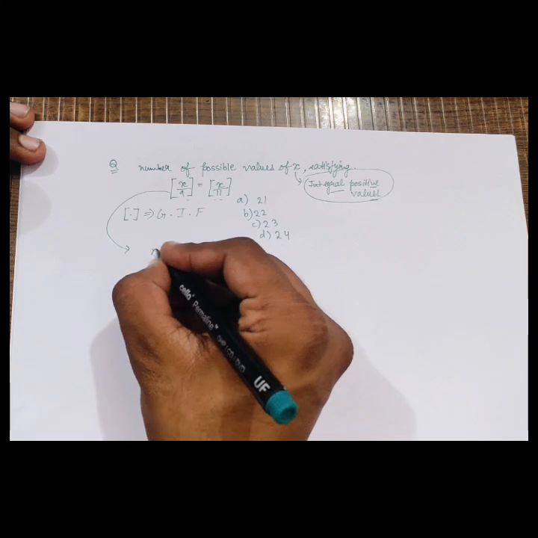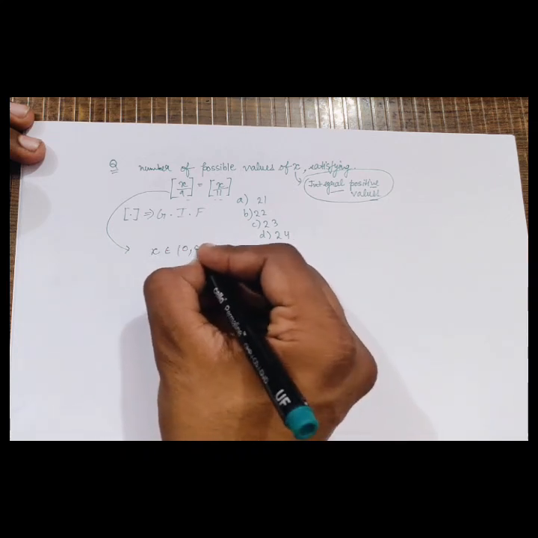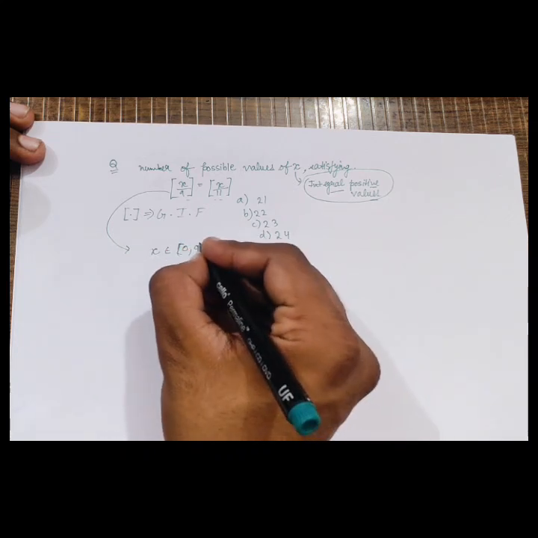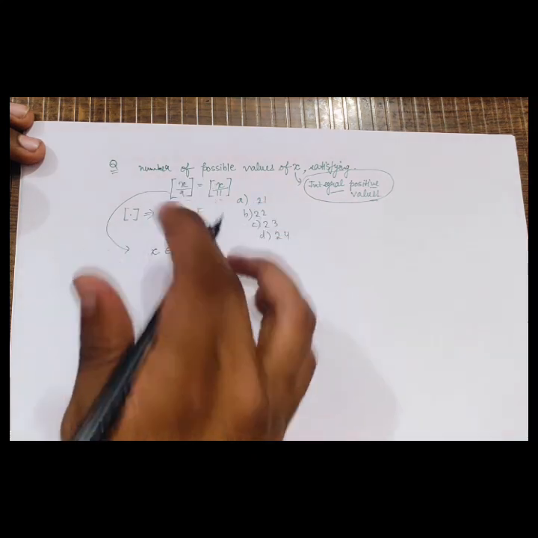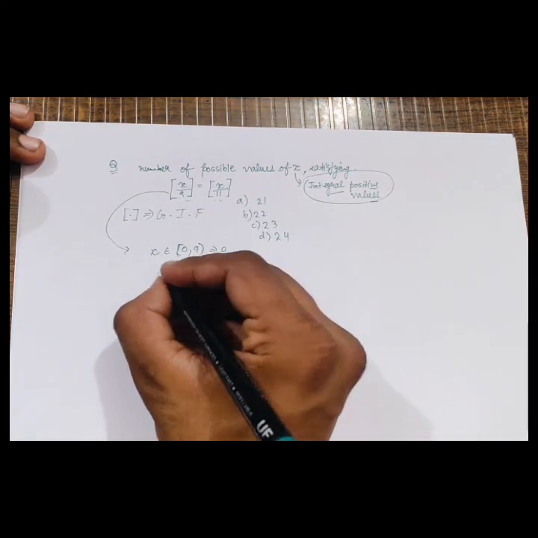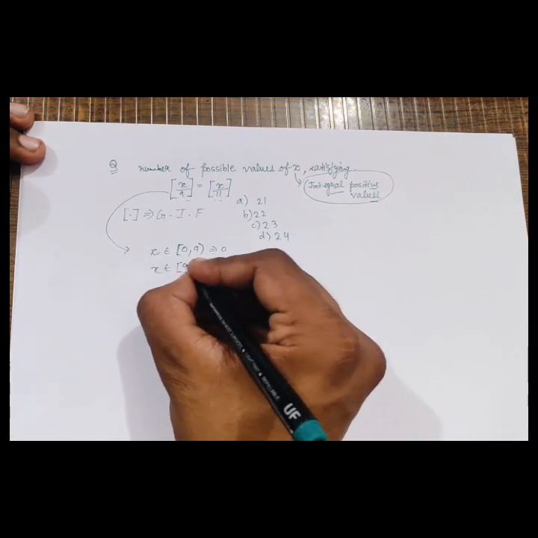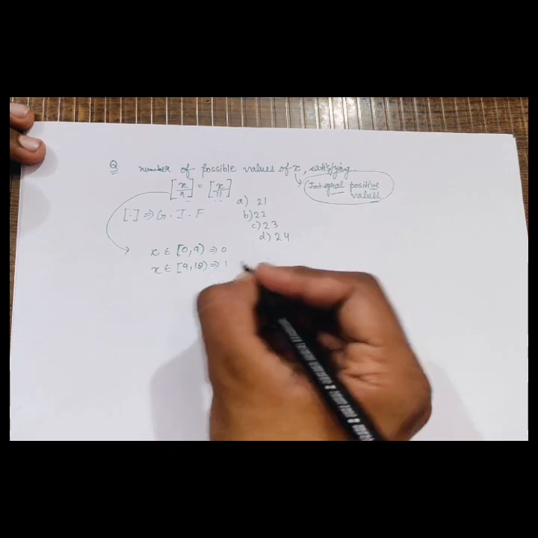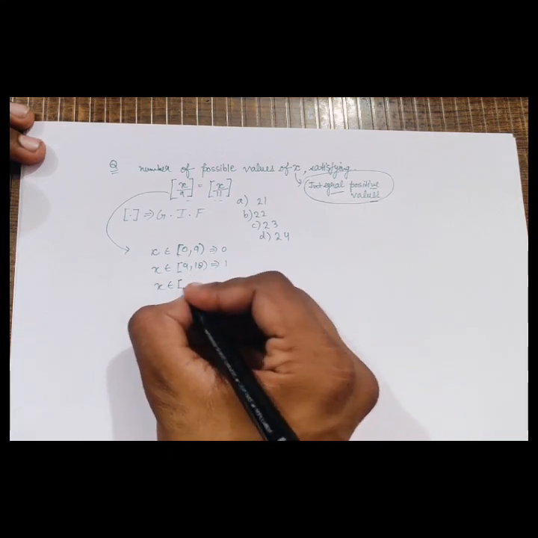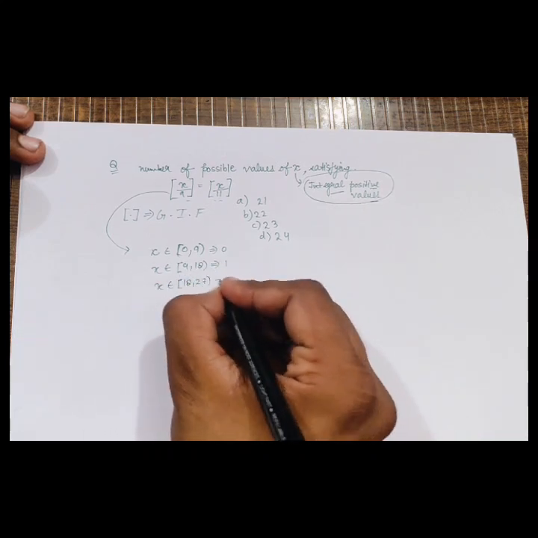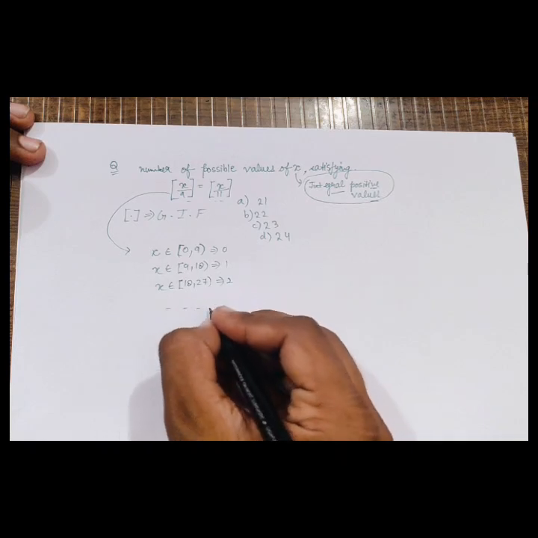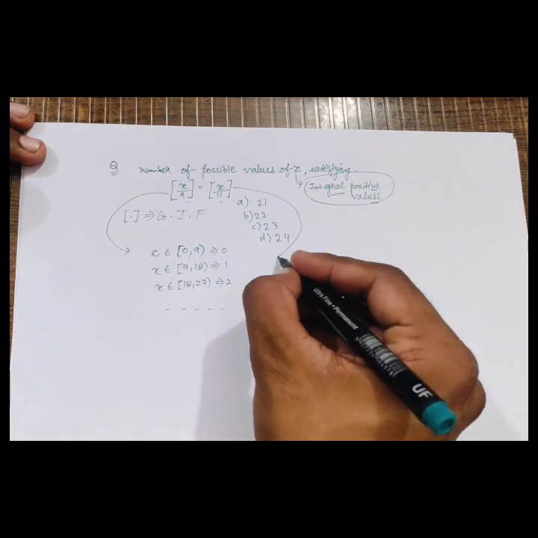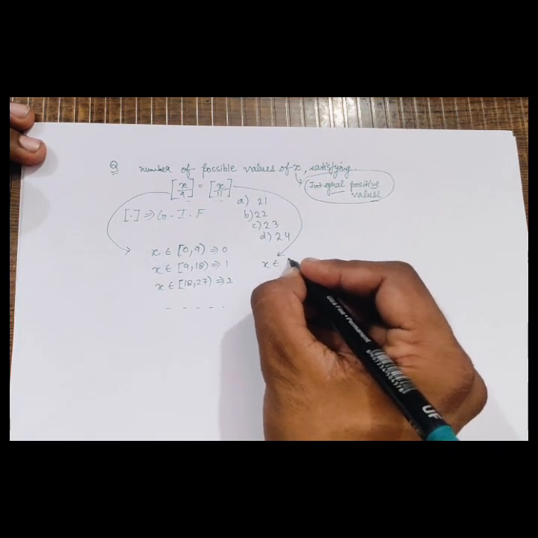So when I was checking those intervals for box of x by 9, x belongs to 0 to 9, where 0 is inclusive and 9 is excluded, it gives me the value 0. Similarly for box of x by 11, x belongs to 0 to 11, with 0 included and 11 excluded, it gives me 0.